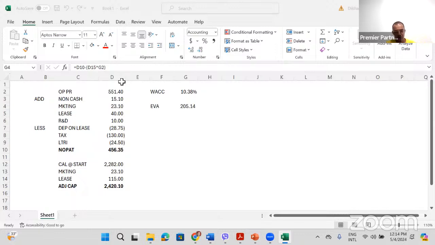So the next point, it is assumed that no amortization needs to be charged on the research and development costs since the product has not yet launched.